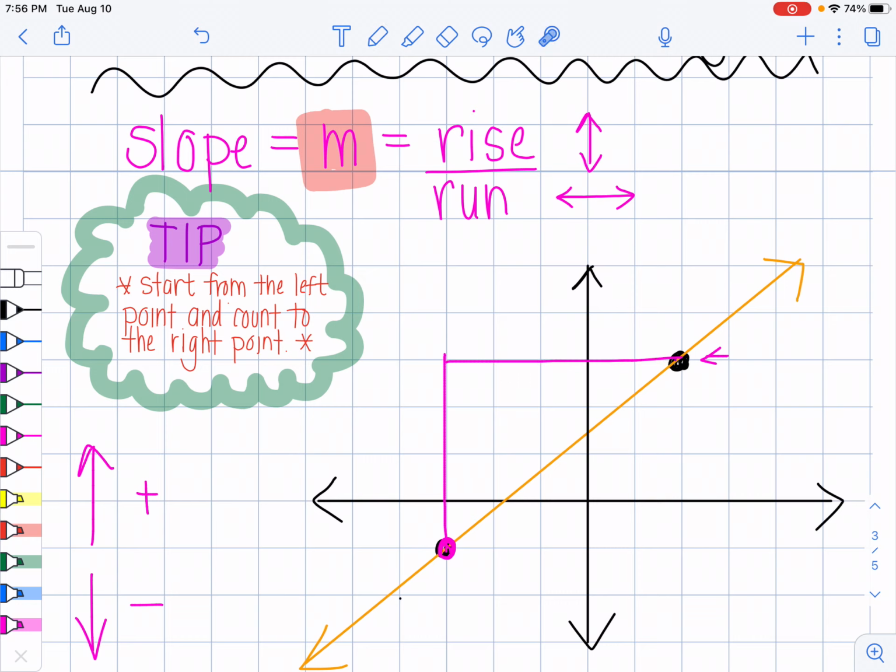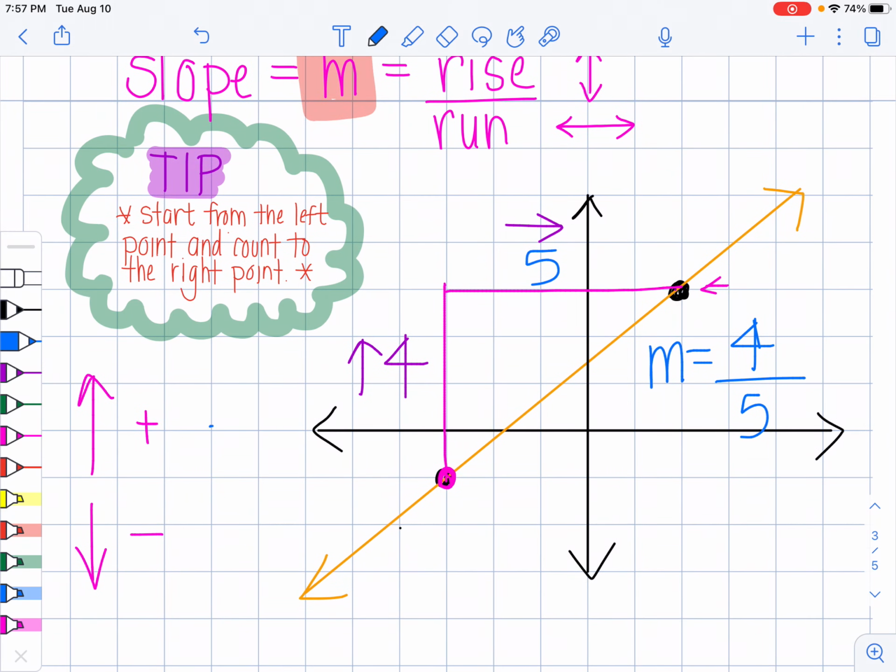Then I just count. So I went up 1, 2, 3, 4. And then I went right 1, 2, 3, 4, 5. So my slope is up 4, and we know up means positive, right 5. And right means positive, and if you had to move left, that would be negative, just for future reference.